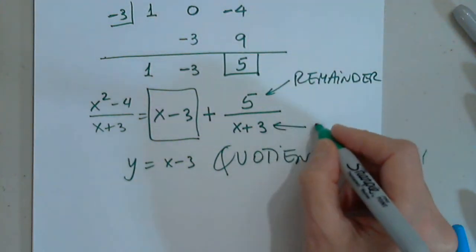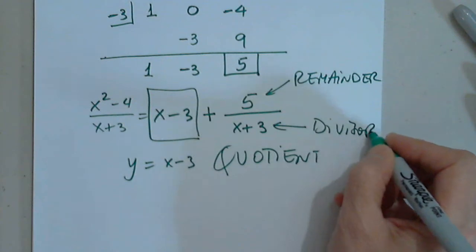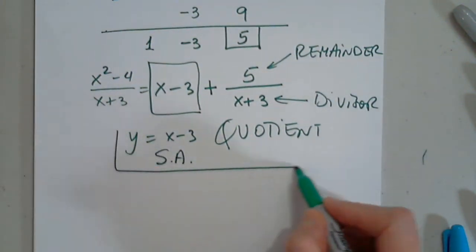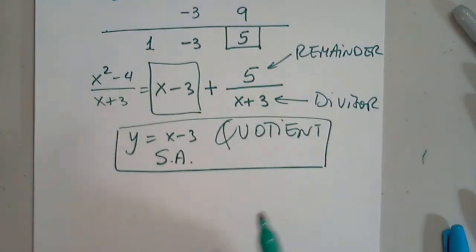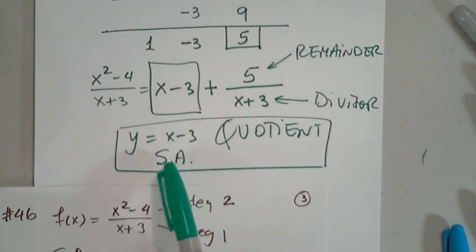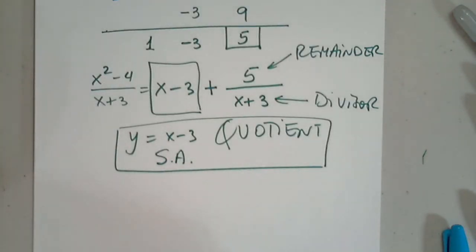And this is the divisor. Just the quotient is the slant asymptote. That's the only thing that does not fit in the table. But we have to keep in mind that it has to be graphed.